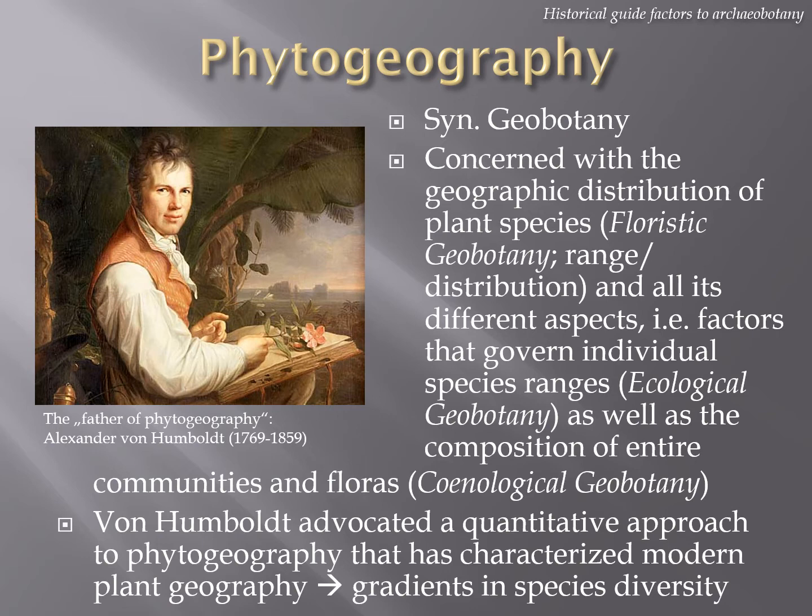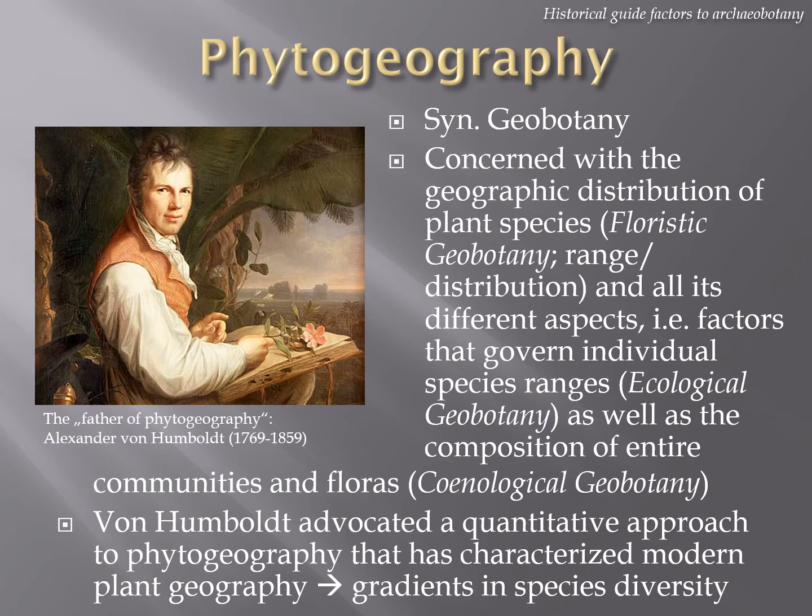This botanical discipline is occasionally applied to interpret archaeobotanical remains and should therefore be shortly characterized here. Phytogeography is concerned with the geographic distribution of plant species and all its different aspects, that is, the factors that govern individual species ranges, as well as the composition of entire communities and floras.